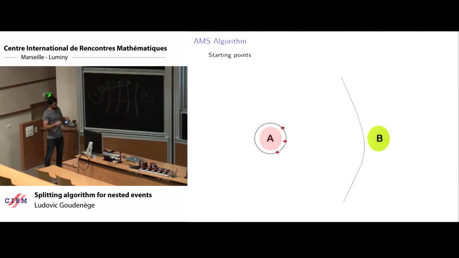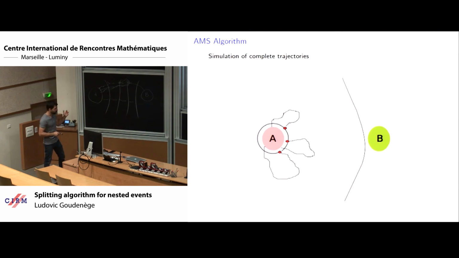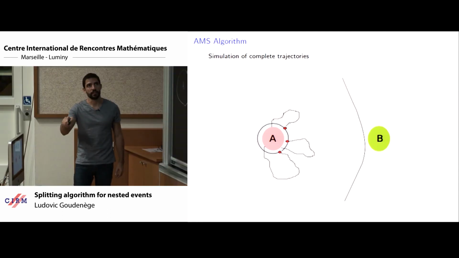So what is the idea? I have the starting point very close to A. This is on the level Z minus, okay? And you have 3 particles. This is the starting point of the trajectory. You launch the simulation, so of course all the particles want to reach A and they will not reach B, okay? This level is Z max.